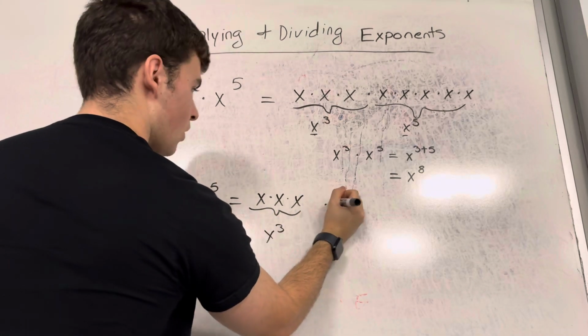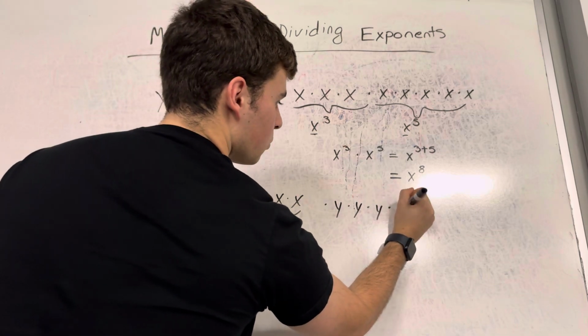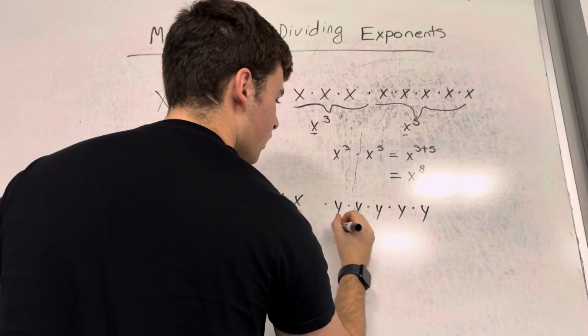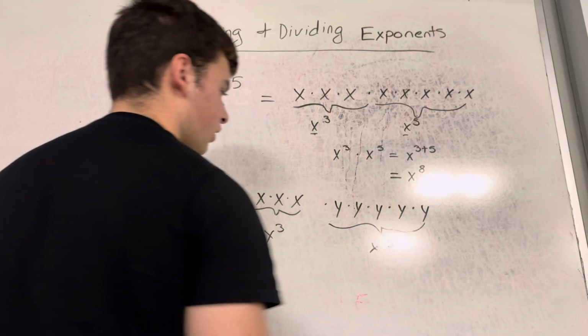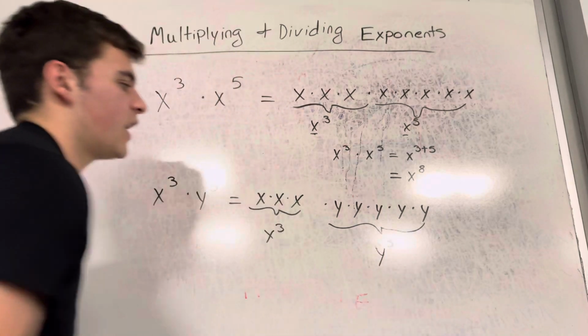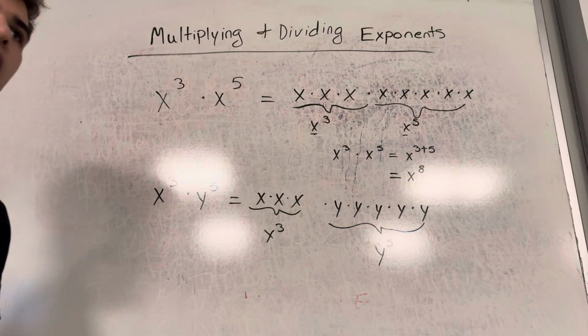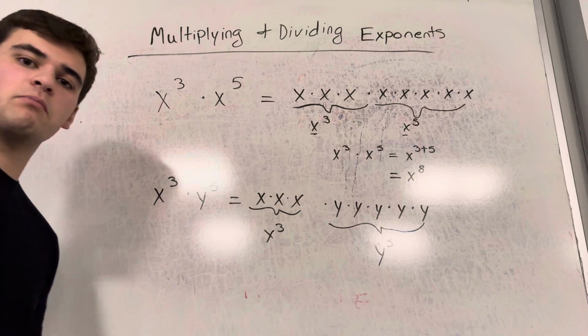And then we would see y times y times y times y times y, and this would be our y to the fifth, my bad. All right. Now, like we said, in order to multiply these, we need to have the same base.